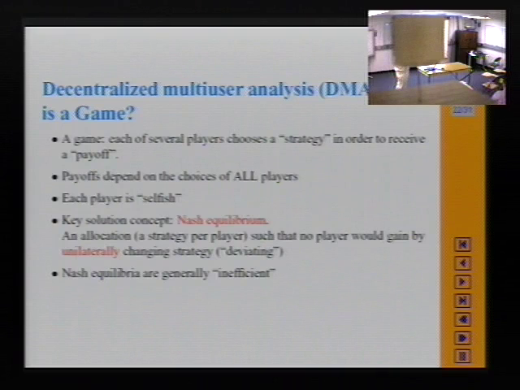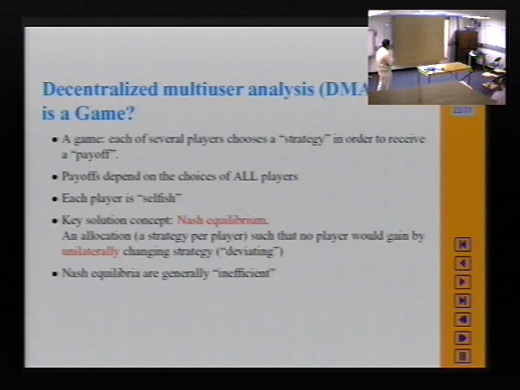Each one is trying to maximize a function, a utility function. But what one does affects the other. And so the natural framework for that, or at least the mathematical framework for handling these cases, is game theory. So you can set it up as a game. That's a way of trying to generalize this analysis to multiple terminals.